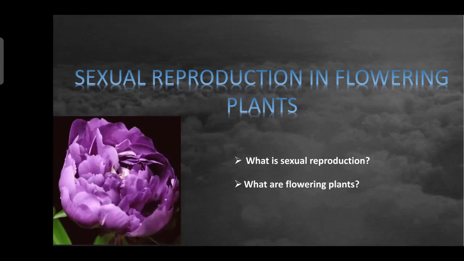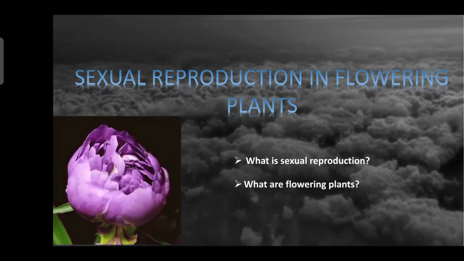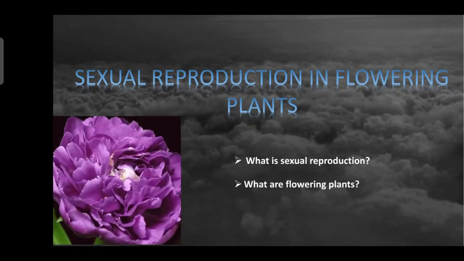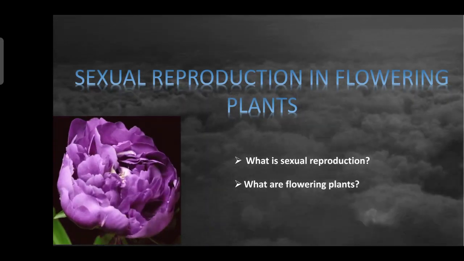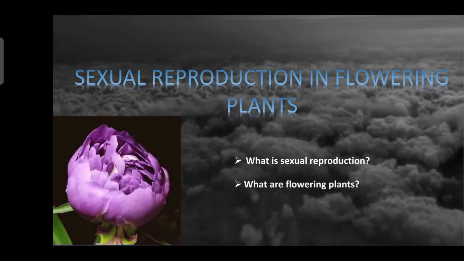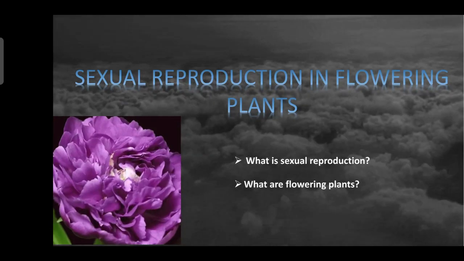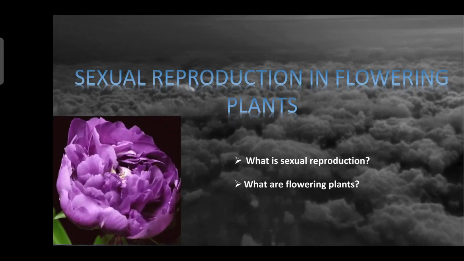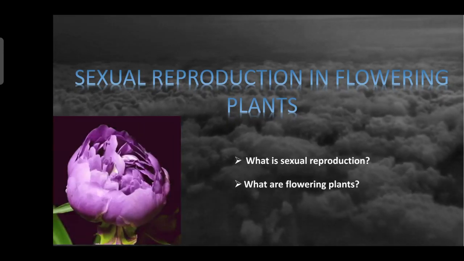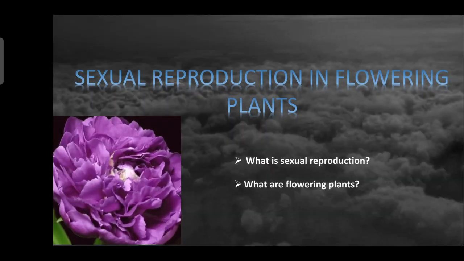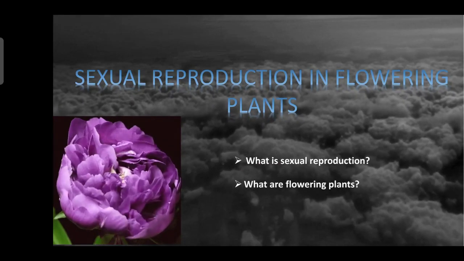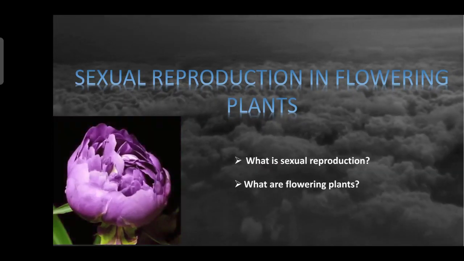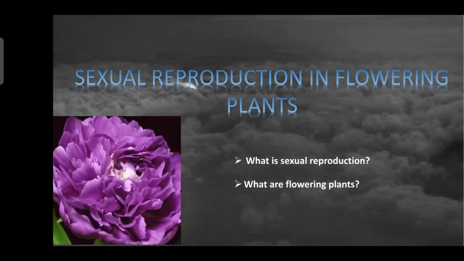These angiosperms keep on producing the flowers. So when do we say the plant is sexually matured? We say so whenever the plant has started to produce the flowers. When the plant starts to produce flowers, we can say the plant has attained sexual maturity.